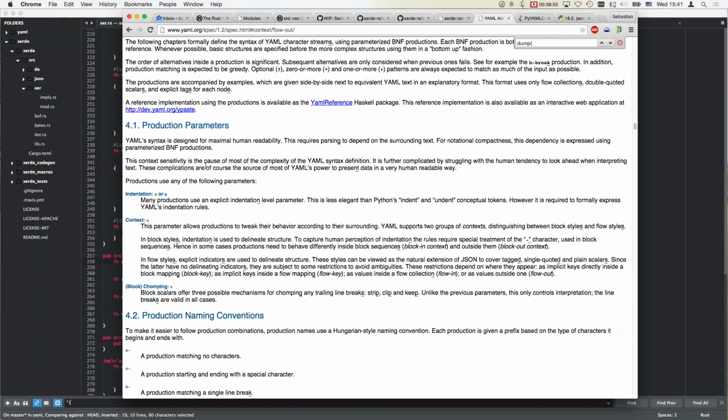The context sensitivity is the cause of most of the complexity of the YAML syntax definition. It is further complicated by struggling with the human tendency to look ahead when interpreting text. These complications are, of course, the source of most of YAML's power to present data in a very human-readable way. Yeah, awesome. I think once I've done this, then I kind of have understood not only YAML, but also how lexers and parsers interact in most complex ways. Probably.